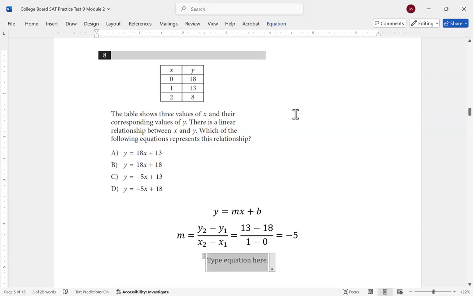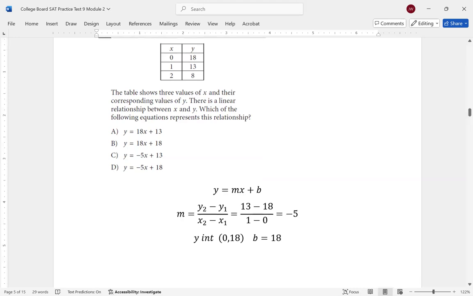And then we can see that the y-intercept is the point (0, 18). That's the first point that we're given. And so the b value is going to be 18 as well. So that's what we have.